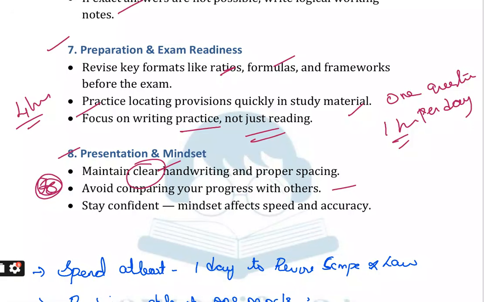So please don't do that. Stay confident. Mindset affects speed and accuracy. Even if a case study is very new to you, calmly try to answer it.